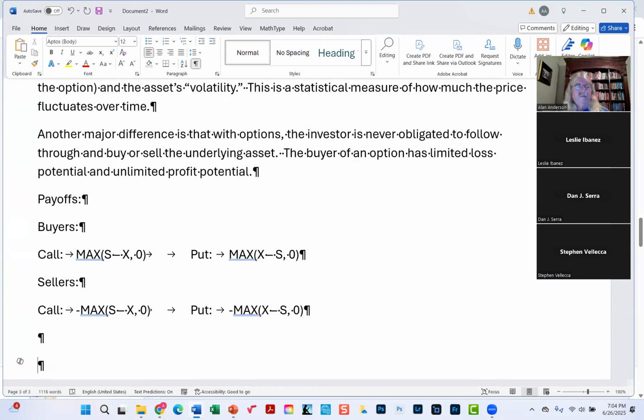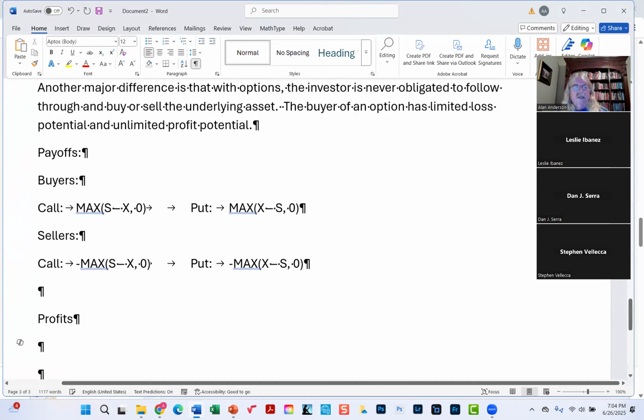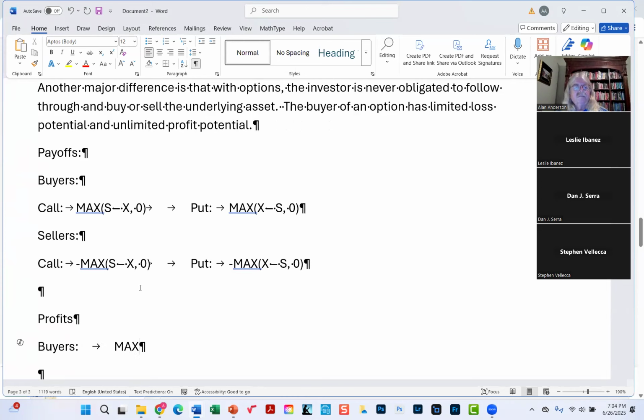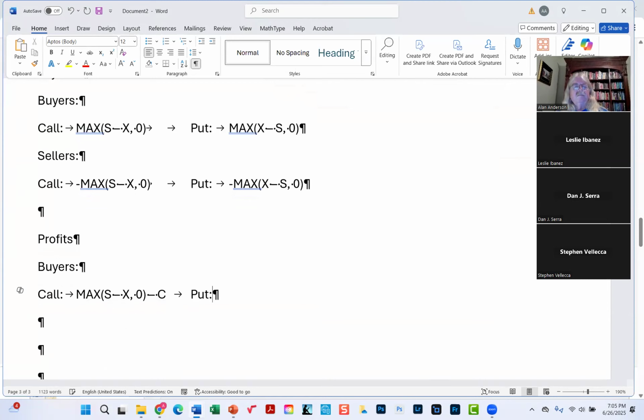Okay, and then we have the profits. And again, we have to specify for the buyers, they pay the premium. So the only difference here is it's the payoff minus the call price, which we'll call C. And for the put, and then for the sellers, they're the ones who collect the premium.